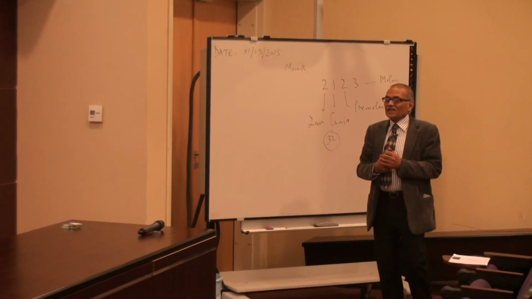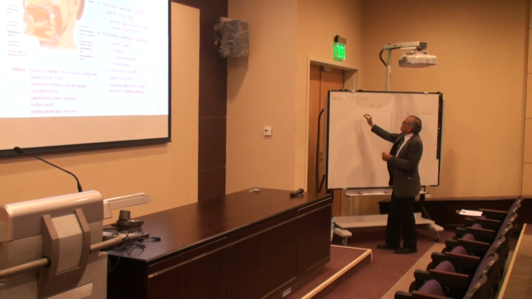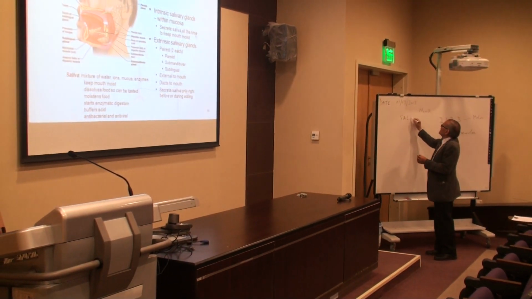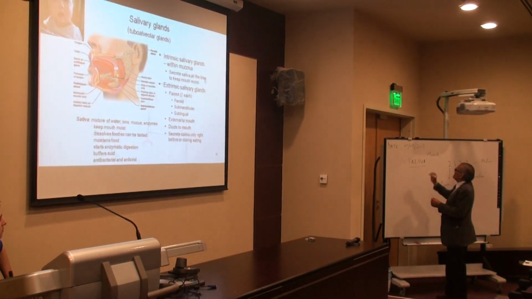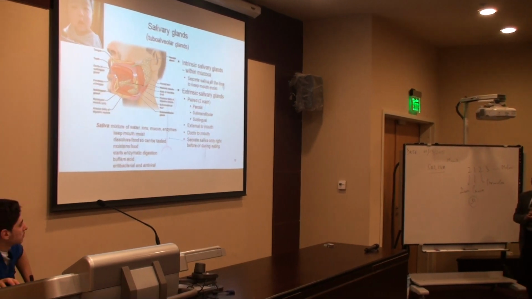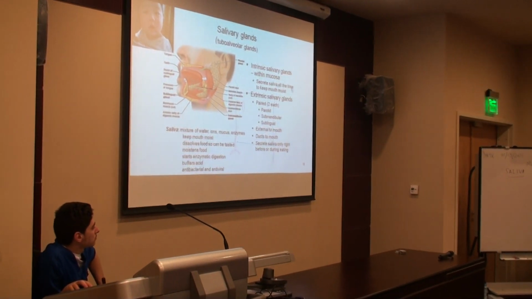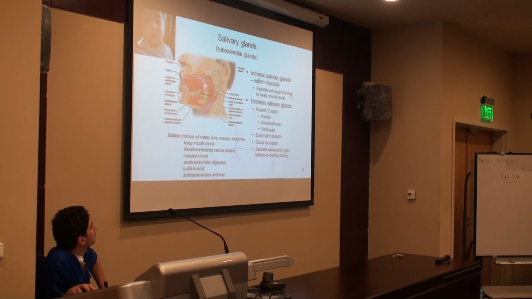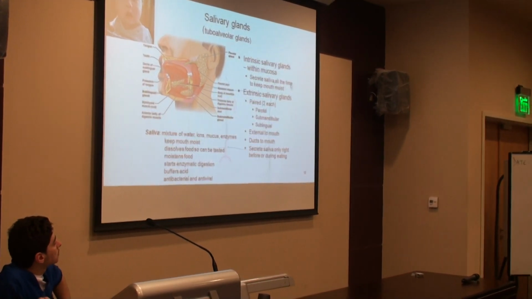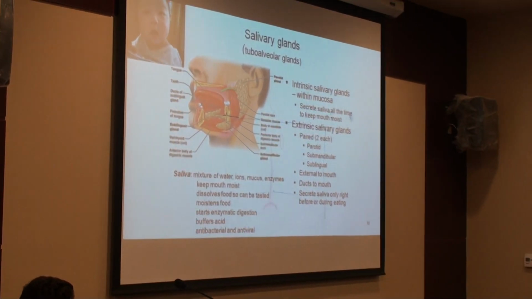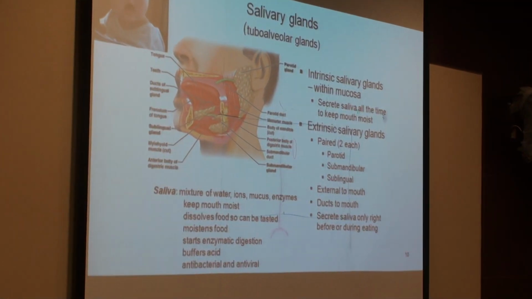Now another thing we said is that in the mouth we have a chemical compound, saliva. This is secreted by a set of glands that we label as salivary glands. The most important one is the parotid gland on the side of our mouth in front of the ear.